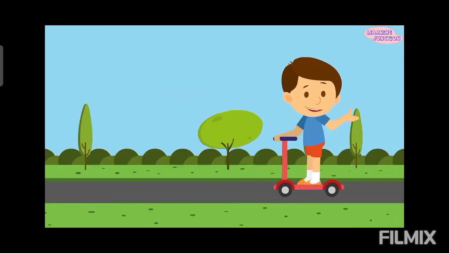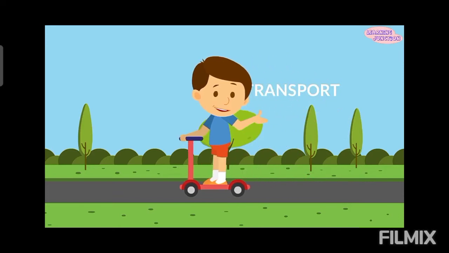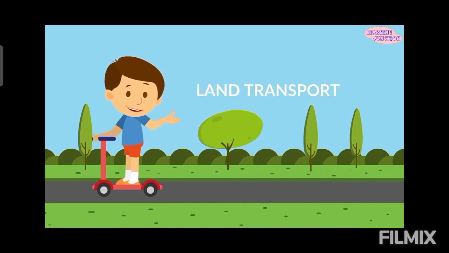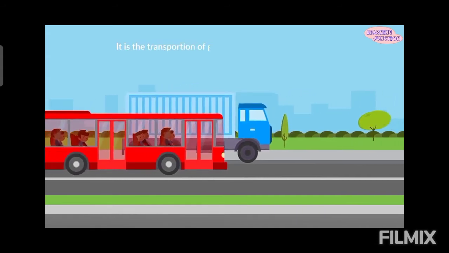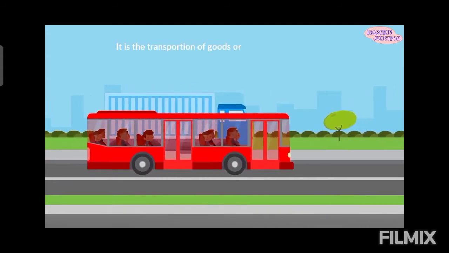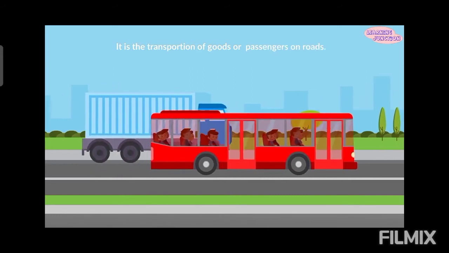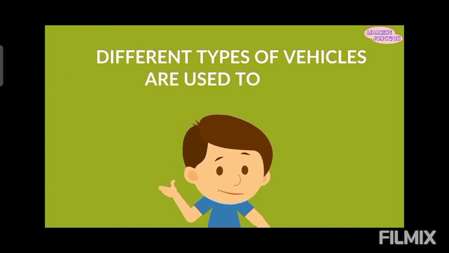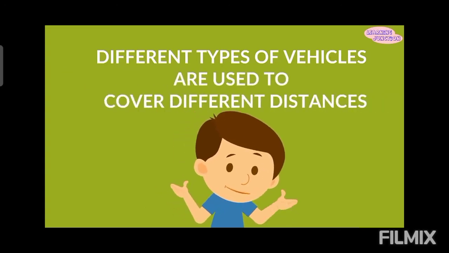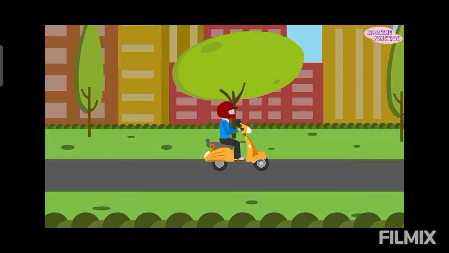Now let us see about land transport. Land transport means transport through roads and land. It is the transportation of goods or passengers on roads. We can see buses, trains, lorries, etc. for covering different distances.